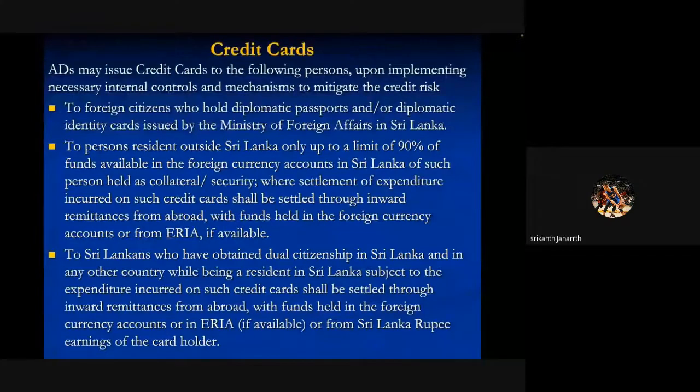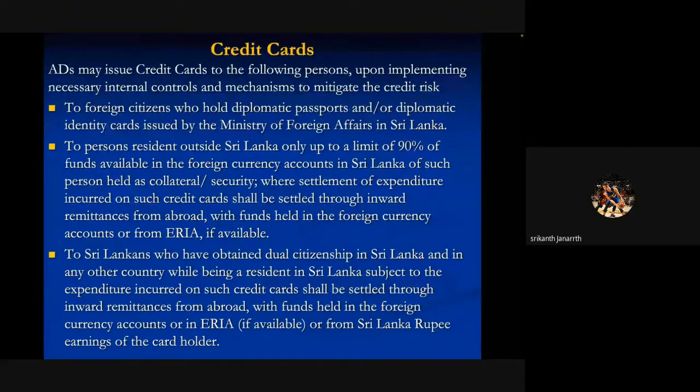A person resident outside Sri Lanka only up to a limit of 90% of the funds available in the foreign currency account in Sri Lanka of such person held as a collateral. Okay. So what does it mean to you? If a person wants a credit card, you can block his foreign currency account up to 90% of the funds available.